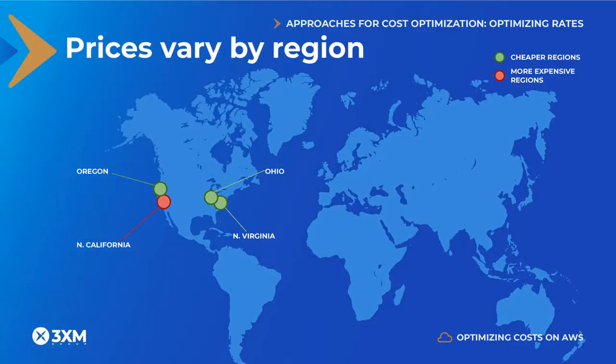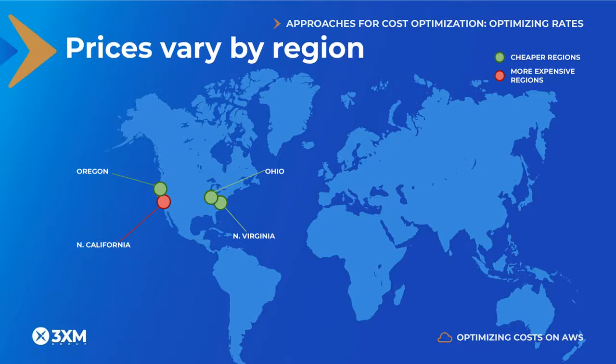Now, note that prices vary by region, so it's important to realize this when architecting solutions for the cloud. The AWS cloud infrastructure is built around regions, as you probably already know. Each AWS region operates within local market conditions, and resource pricing can be different in each region. Sometimes due to latency or to regulatory reasons, you might be forced to choose a particular region. For global audiences, you might even need to use multiple regions to meet your needs.